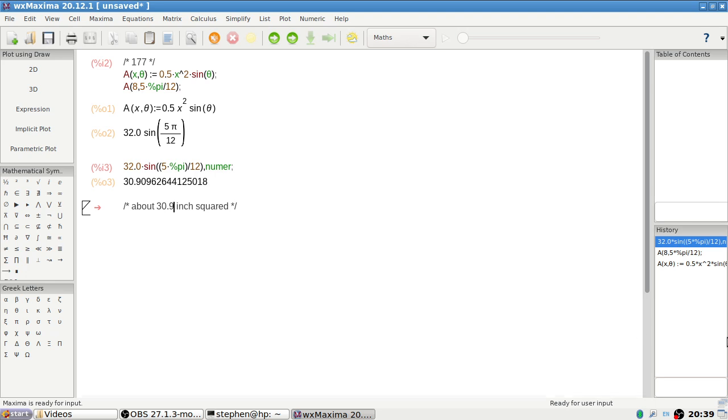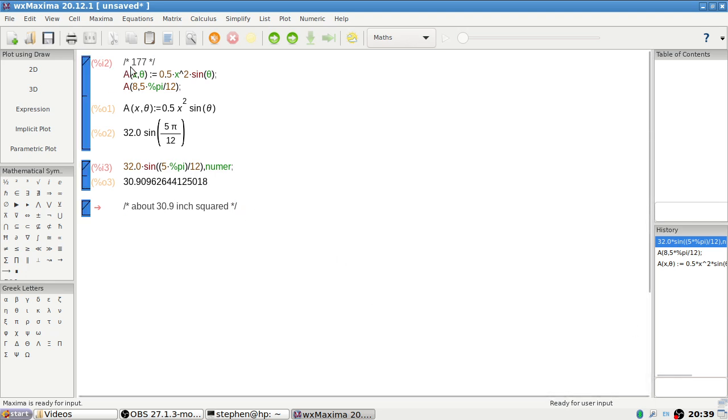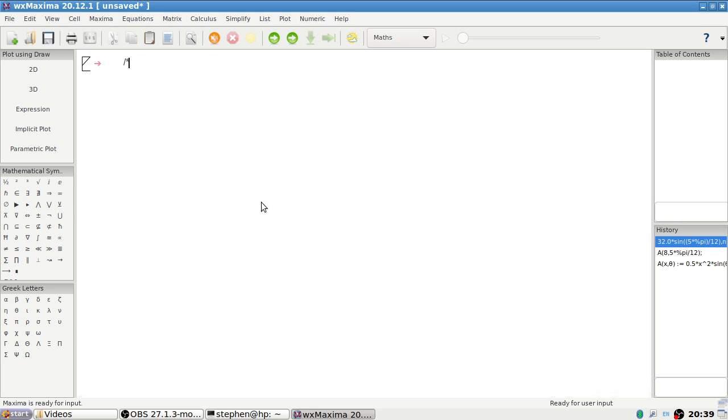Particle, okay, let's clear this off there. A particle travels in a circular path at a constant angular speed omega. The angular speed is modeled by the function.